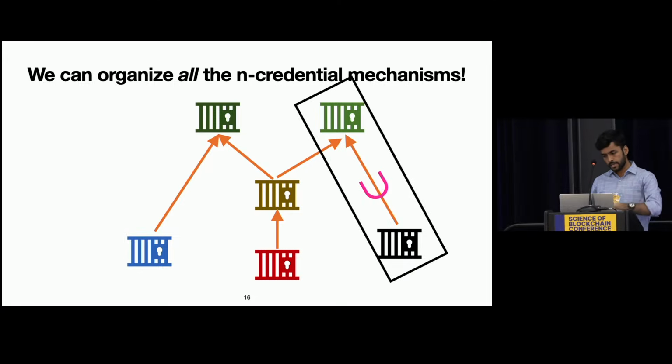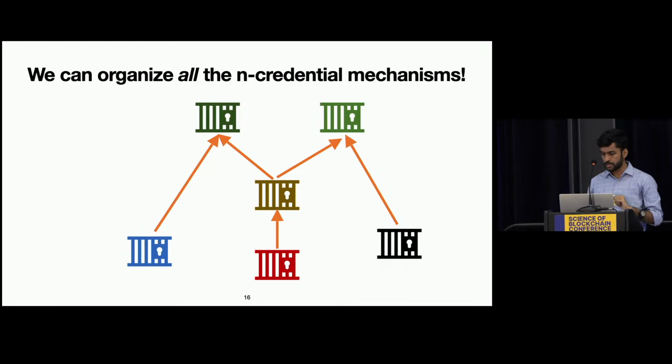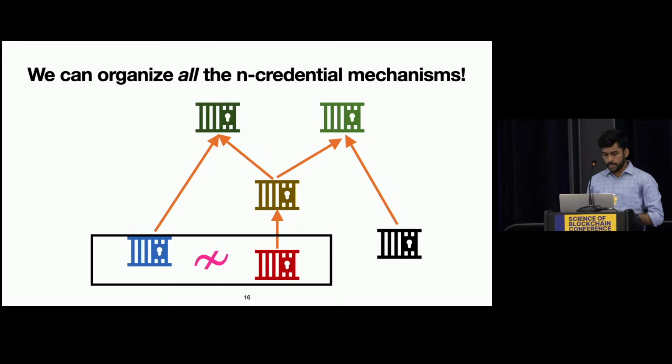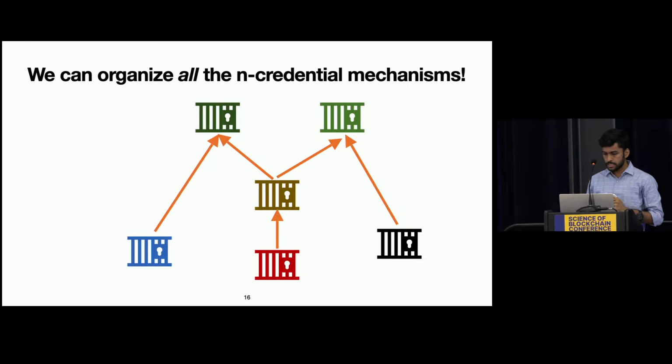As I said, the arrow denotes the better-worse relation. In this particular case, the black mechanism is worse than the green mechanism, which is why the arrow is in that direction. Whereas these top 2 mechanisms are incomparable with each other, that's why there are no arrows between them. Same for these bottom ones.